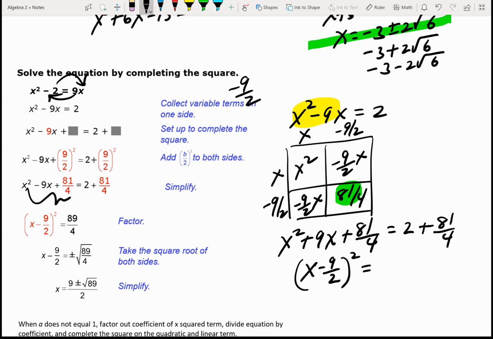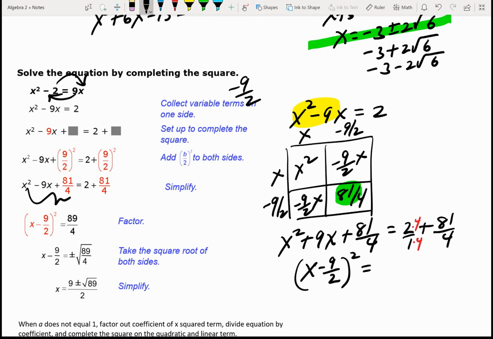And then 2 plus 81 fourths, well, 2 is like 2 over 1. Remember, you can only add and subtract fractions when the denominator is the same. So I need to multiply 2 over 1 by 4 over 4, and I get 8 fourths plus 81 fourths, and that's equal to 89 fourths.